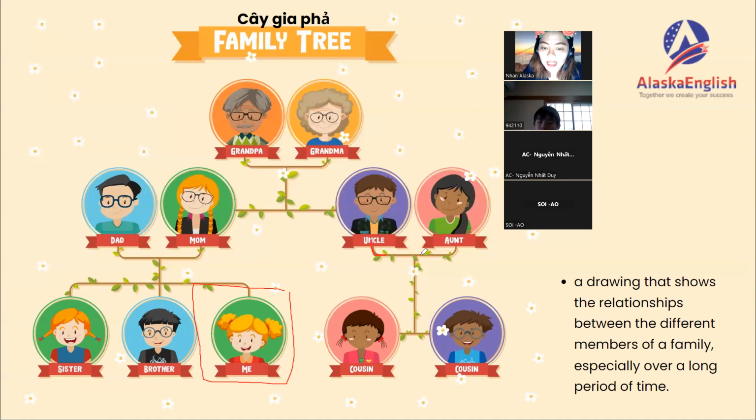So uncle and aunt, they have 2 children, a daughter and a son. You call them your cousin. Cousin. All right.